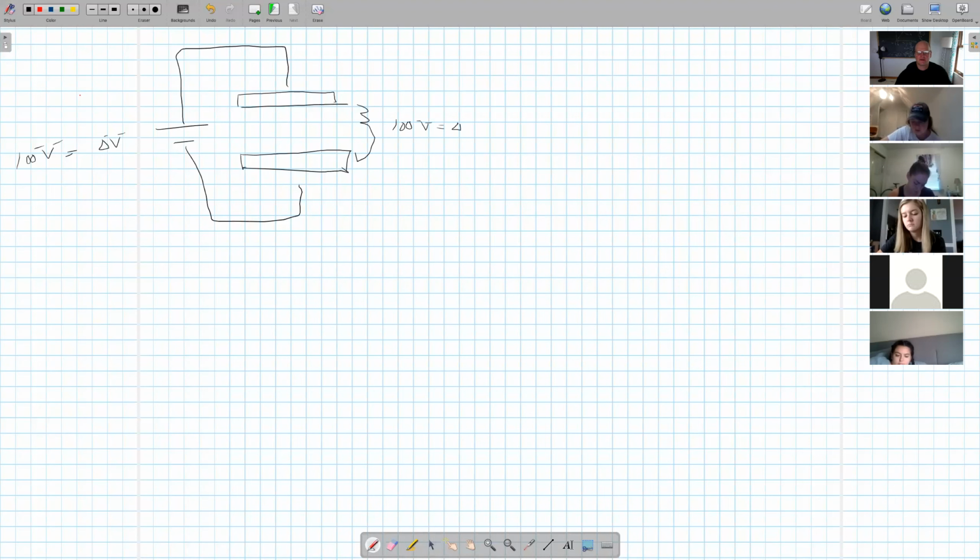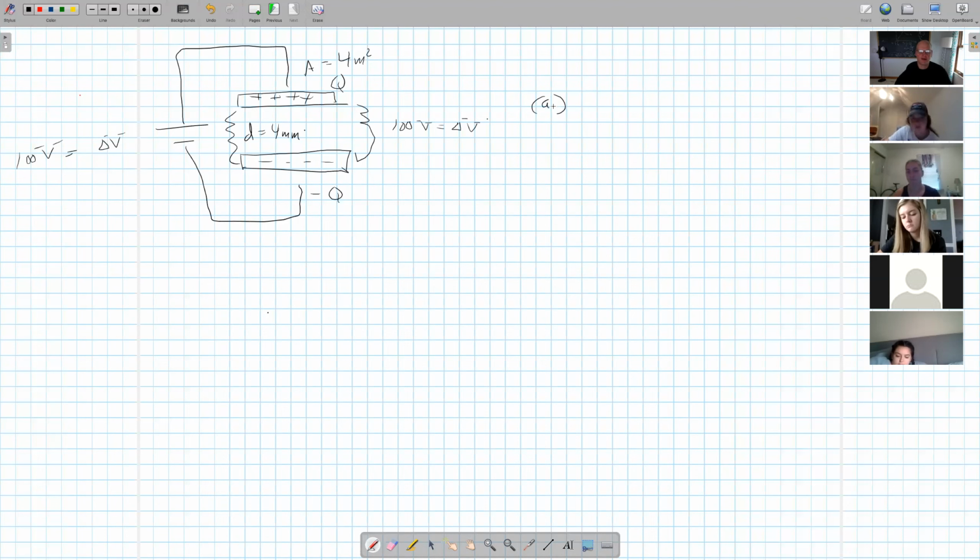So this is equal to delta V. That's going to cause this side to become positively charged, so I'm going to have a Q on here. This side is going to become negatively charged, so I get a minus Q. And what I know is that this is my distance D, which was 4 millimeters, and these plates have an area which was equal to 4 meters squared, if I remember correctly.